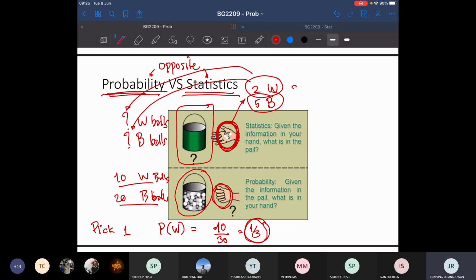Okay, and this guy is called a sample กลุ่มตัวอย่าง and then this one, how many blacks and how many whites, this one is going to be the totality of the things that we are interested in. It is called the population. Okay, this is the idea of probability and statistics. It's kind of opposite, right?